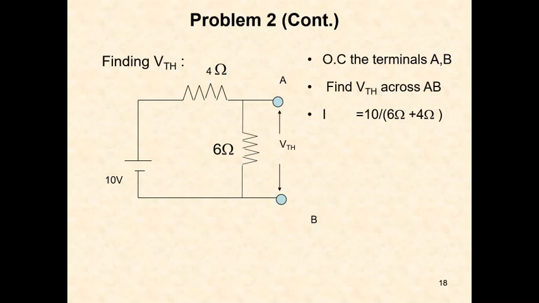So I is equal to 10 divided by 6 plus 4, I equals 1 amp. VTH is equal to I into 6 ohms, that is 6 volts.